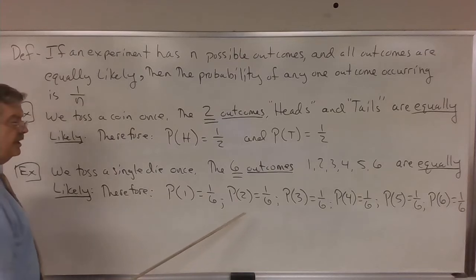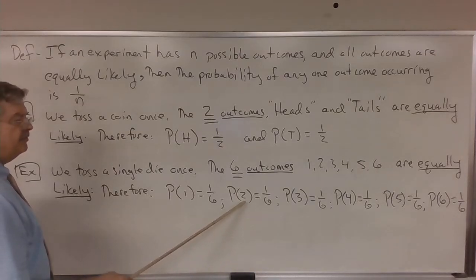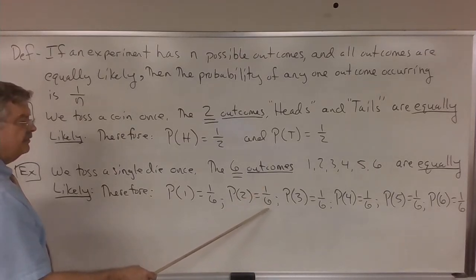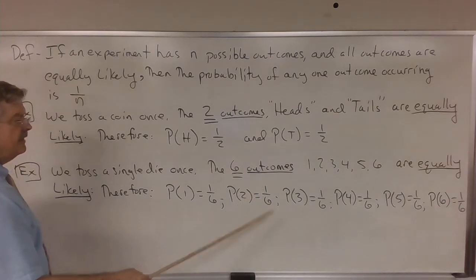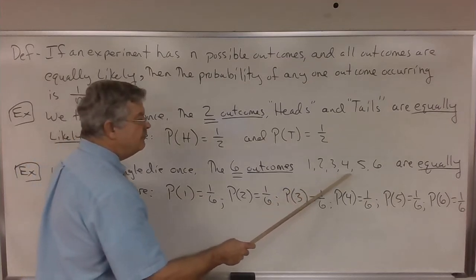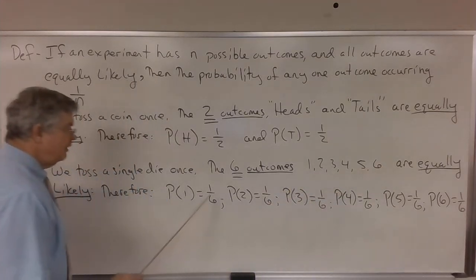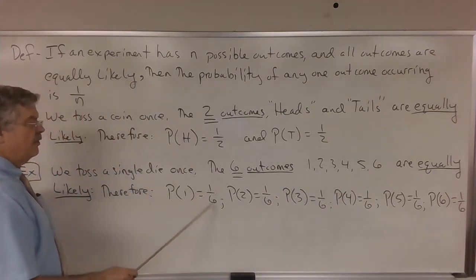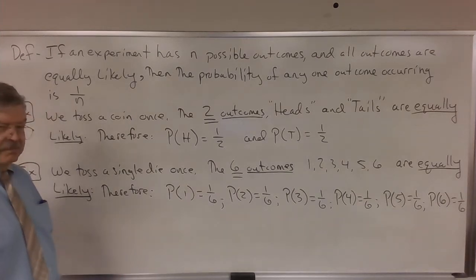The same with the probability of getting a 2, 1 over 6, 1 over the total number of outcomes. So the probability of any one of these outcomes is 1 over 6, 1 over the total number of outcomes.